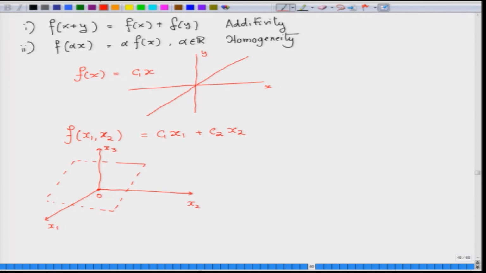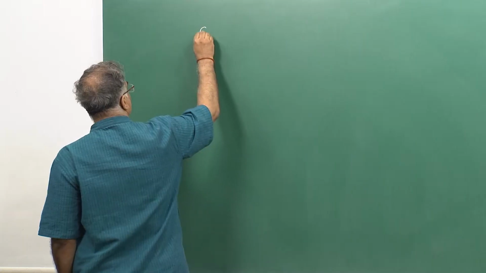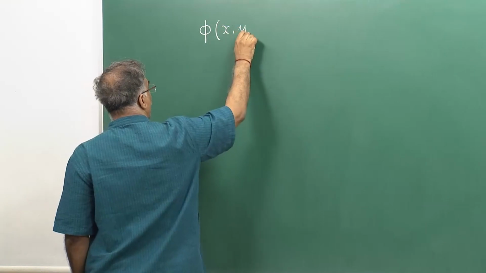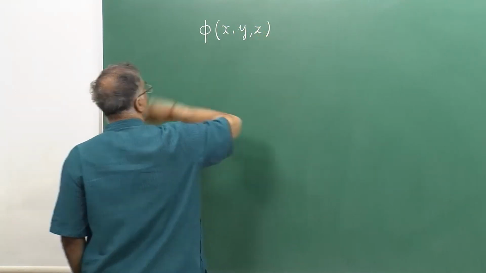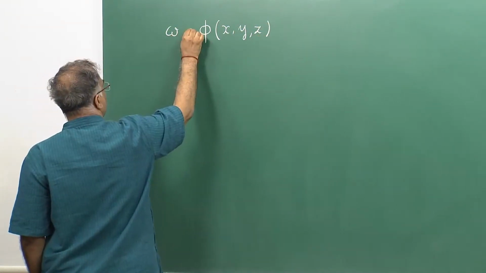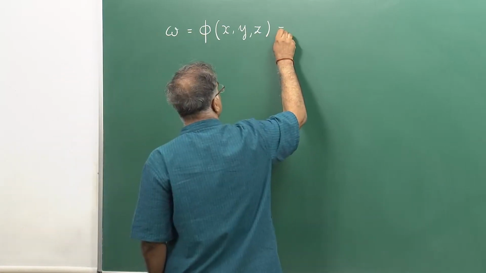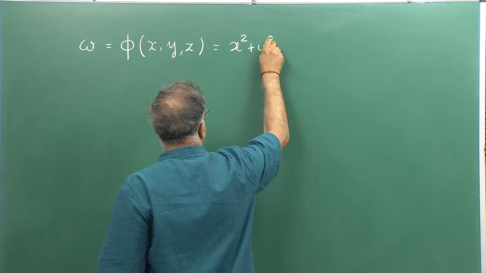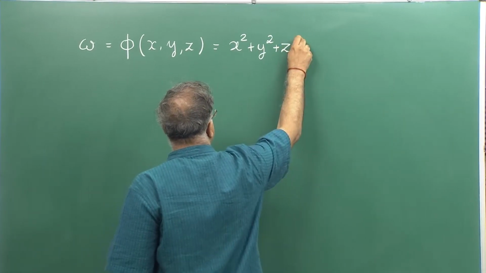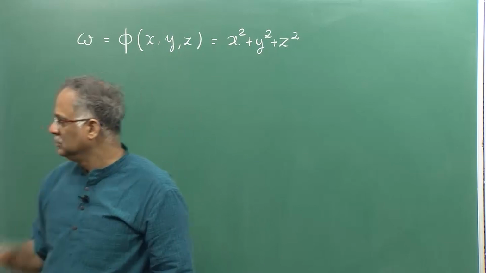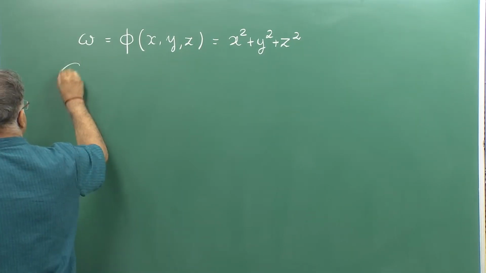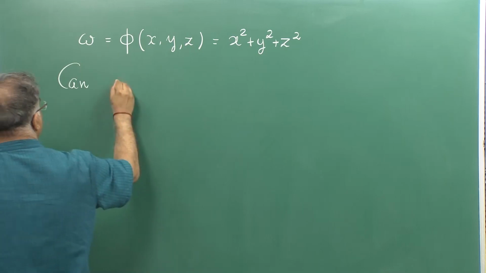For example, if I look at a function like this, say a function phi of x, y and z, and I call this w, and I write it as x square plus y square plus z square. Can I see the graph? Can I visualize the graph?